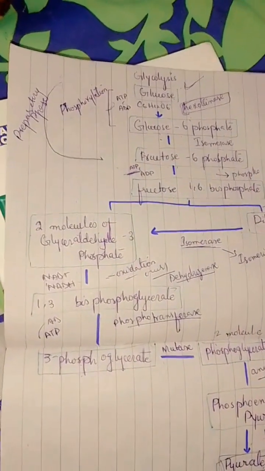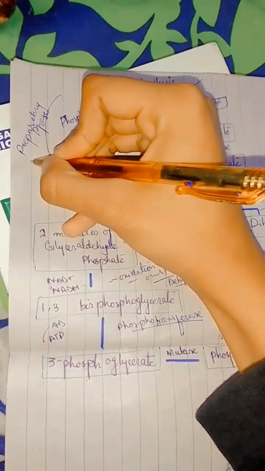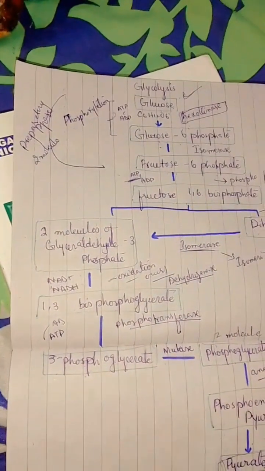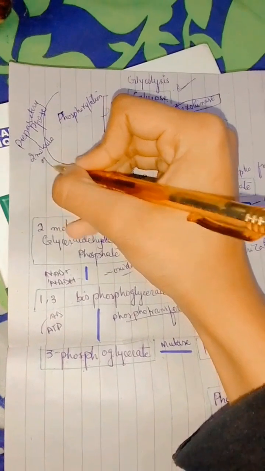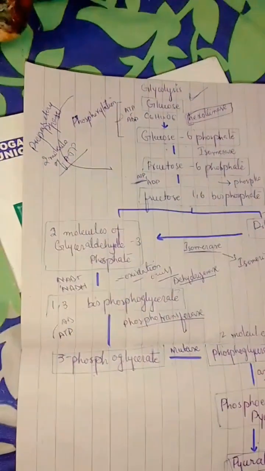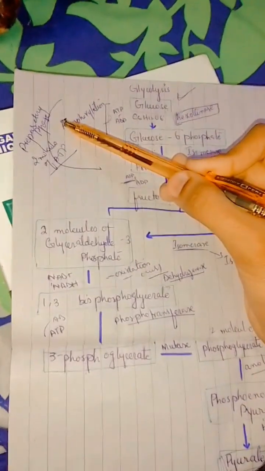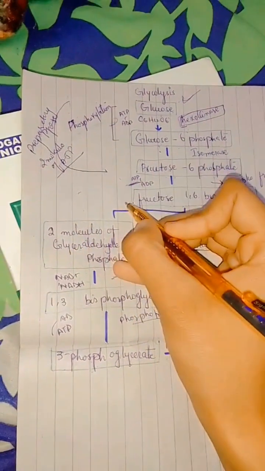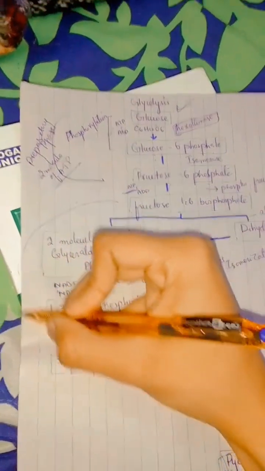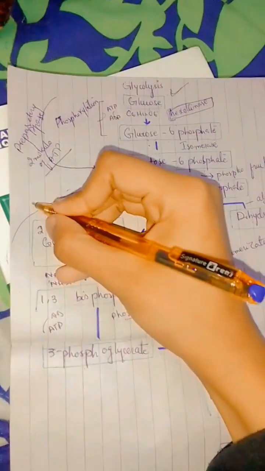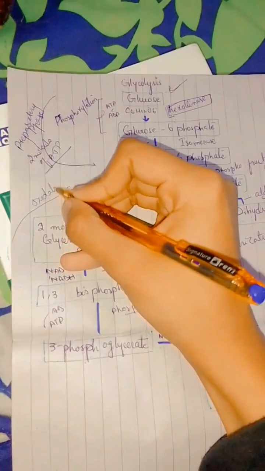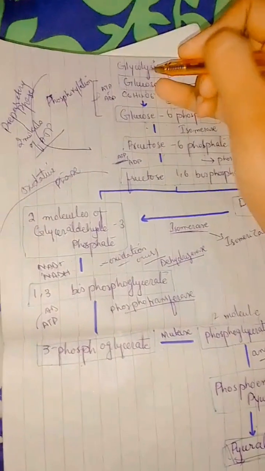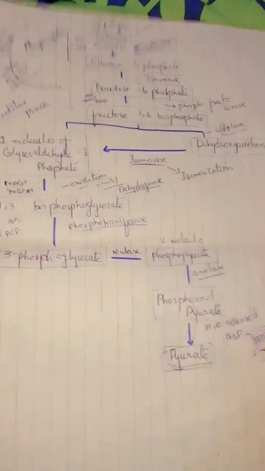It is also known as the investment phase. Why? Because 2 molecules of ATP are consumed here. So this is the preparatory phase. After this, oxidation will occur, so that is the oxidative phase. So there are 2 phases in the glycolysis process through which it completes.